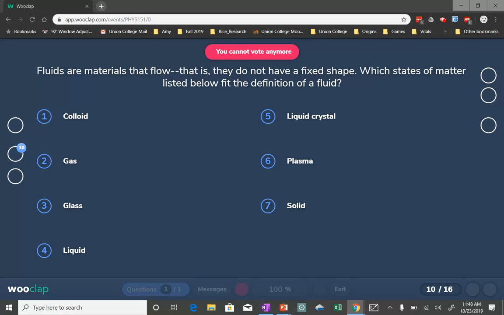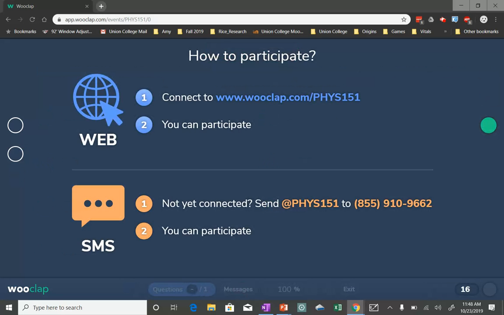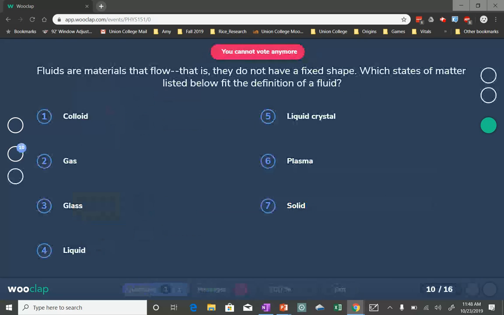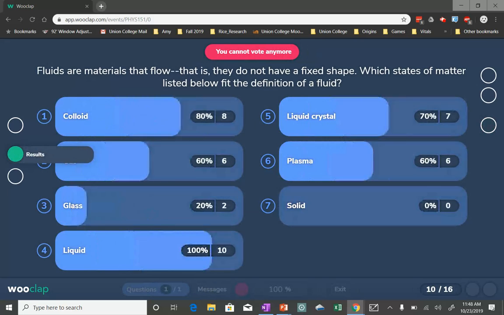Okay, anybody still working on putting their answers in? We have 4 people who haven't answered, but I don't want to wait a long time, and I'm not going to extend it. Let's look at the results. 80% said colloids are fluids. Does milk flow? Can you pour it out of a pitcher?